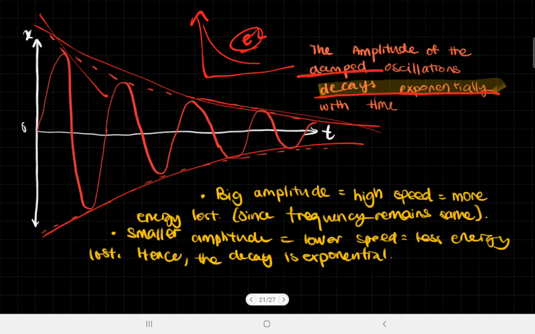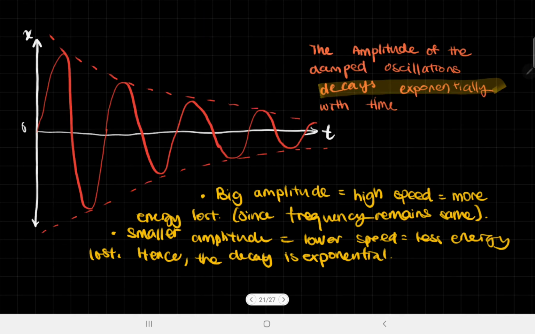Now, why does the amplitude decay exponentially, which means at first it decays at a much higher rate and then at the end it decays at a much slower rate? Why would it be like that and not a single straight line? Well, let's picture the oscillating object for a moment. We have the wall, we have the spring, and then we have the mass.